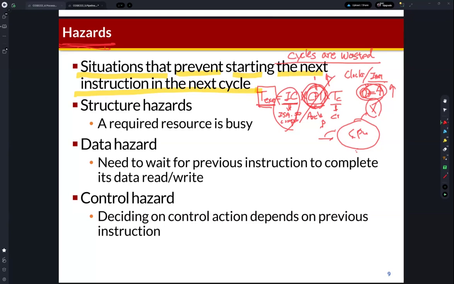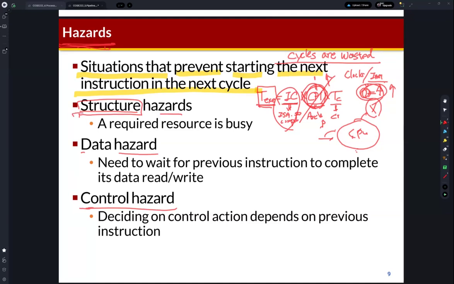There are three types of hazard: structure hazard, data hazard, and control hazard. We classify hazards into these three types based on the reasons for the hazard. I will explain the detailed meaning of these three classes later.